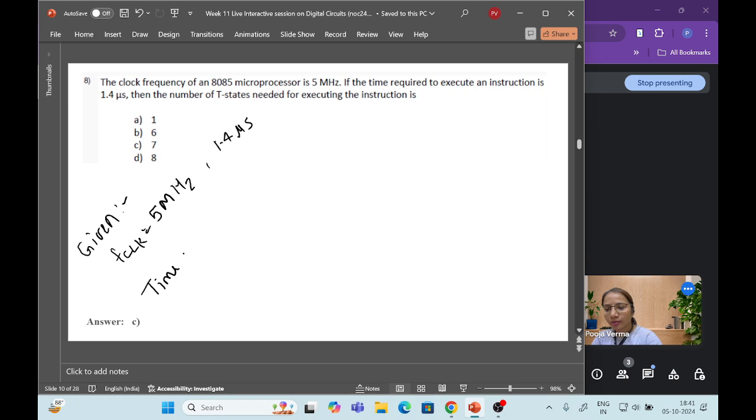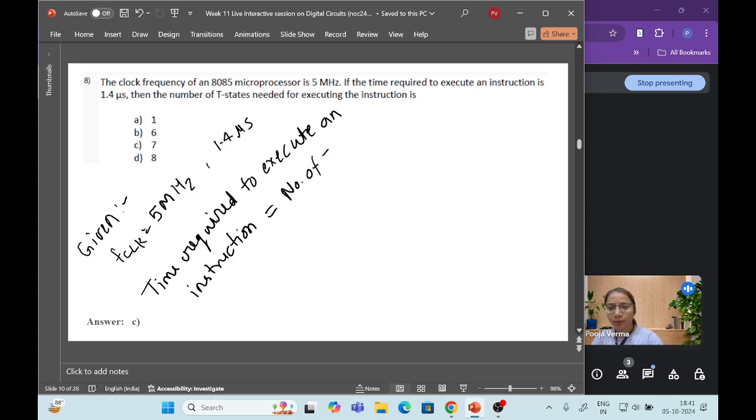Time required to execute an instruction is equal to the number of T states needed, multiplied by T clock.